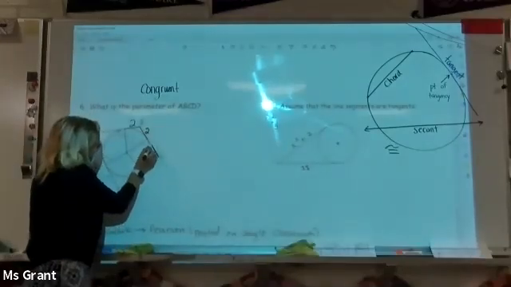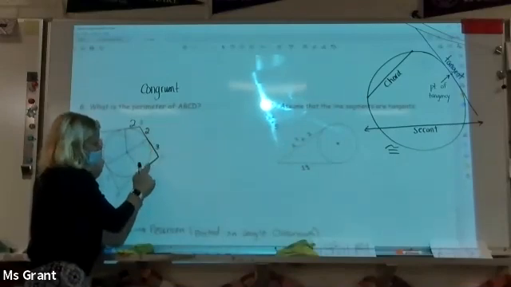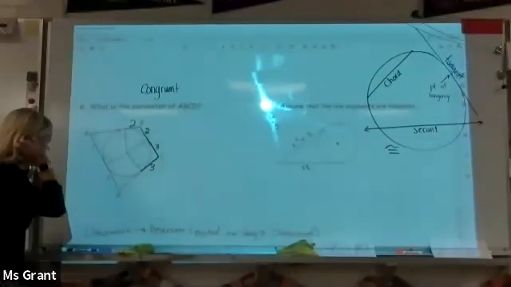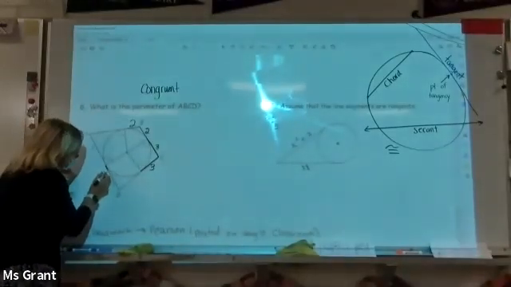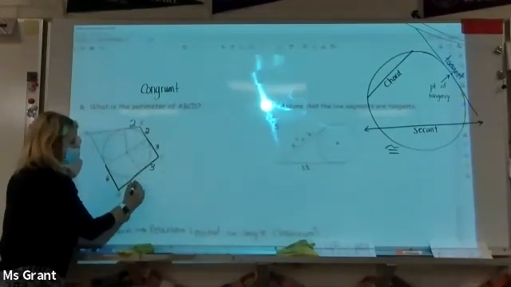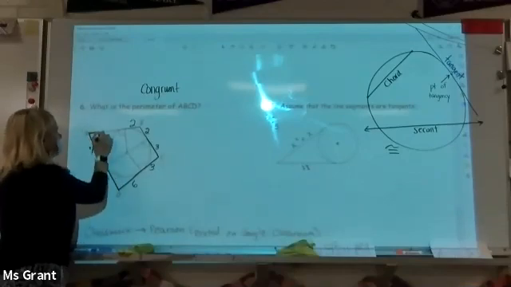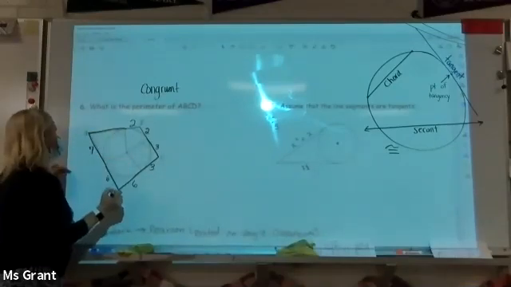This tangent line is 3. What's this tangent line? 3. This tangent line is 6. What's this tangent line? 6. Okay, this tangent line is 7. What's this tangent line? 7.